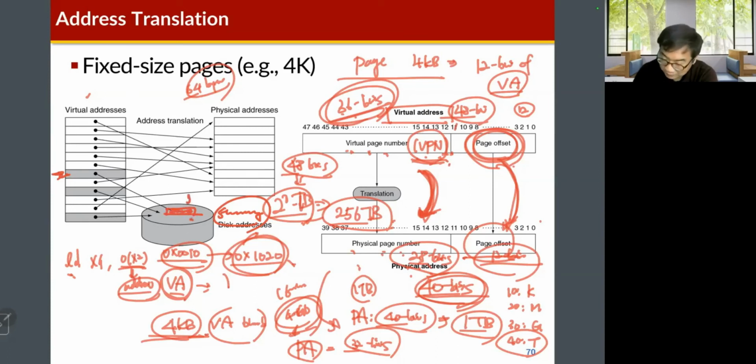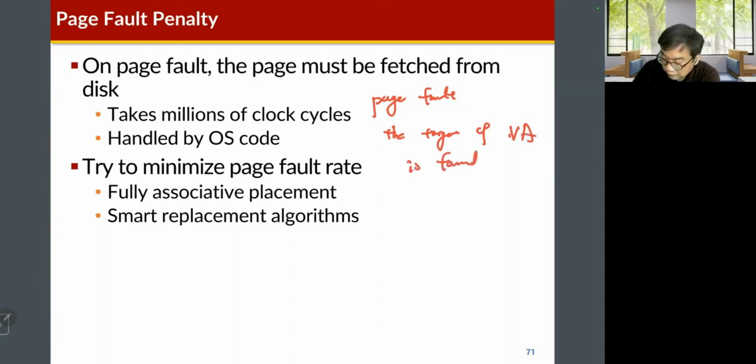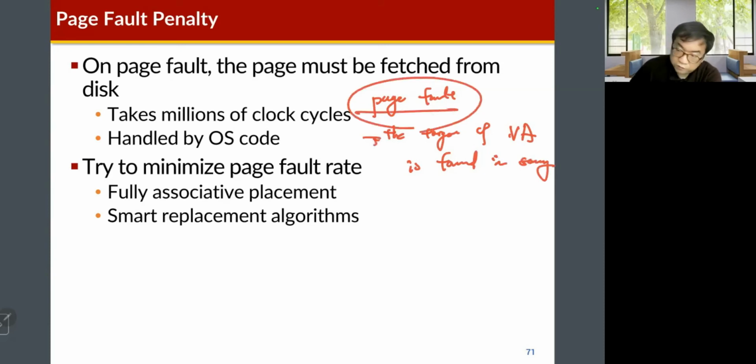As I explained, this event is called a page fault. Page fault means that the target of the virtual address is not found in main memory, but is found in storage. That is the page fault.